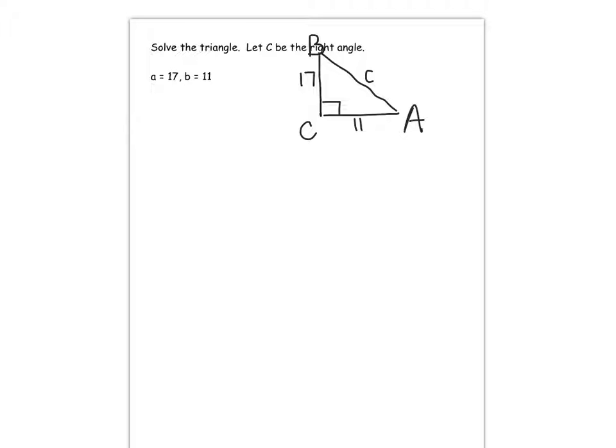Let's say we're going to find angle A. Then we need to label opposite and adjacent using that angle. Label the two sides with numbers on them and determine whether you need to use sine or cosine or tangent to pair those together. Since we have opposite and adjacent, we need a tangent.